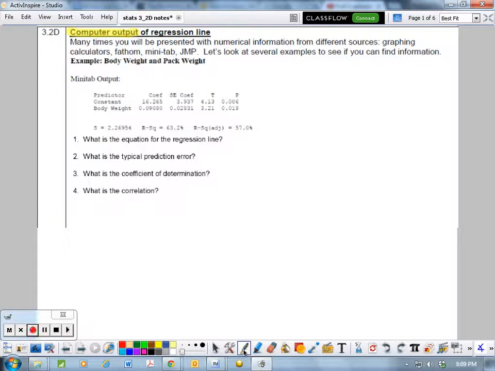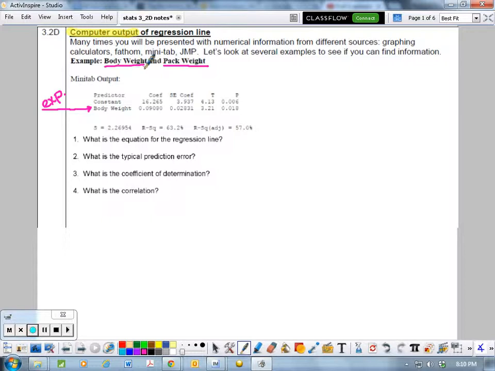So what happens here is we have this output, and it tells us right away what our explanatory variable is. Our explanatory variable here is body weight. We use body weight to help predict pack weight. So our example is body weight and pack weight, and body weight is our x variable.